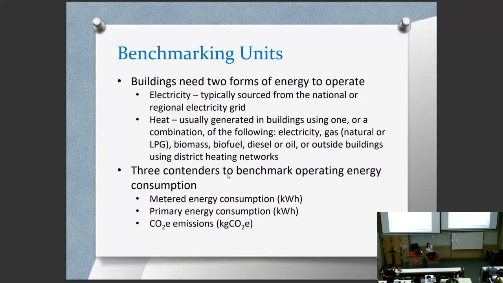Three contenders to benchmark operating energy consumption. To list out all the operating energy consumption in buildings, we may use the unit energy consumption, right? It's very straightforward. To quantify the operating energy, we use kilowatt hour.